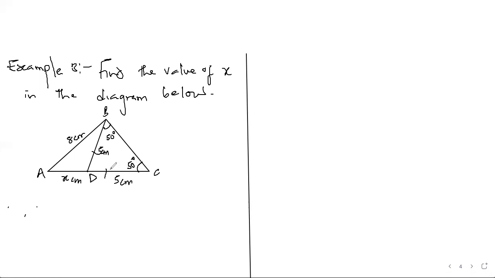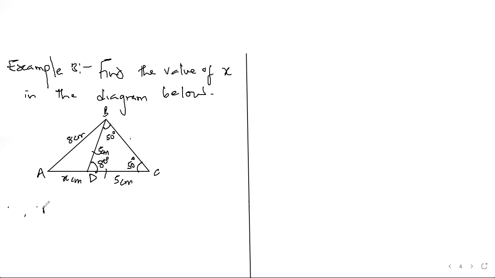If that's 50 degrees, then in this triangle BCD, I have this side and this angle, so I can find this angle. This angle should be 80 degrees because all the angles must add up to 180 degrees. With this angle, I can find this side using sine rule.